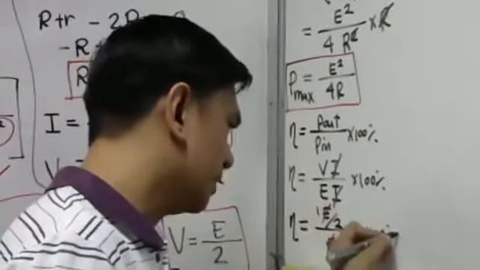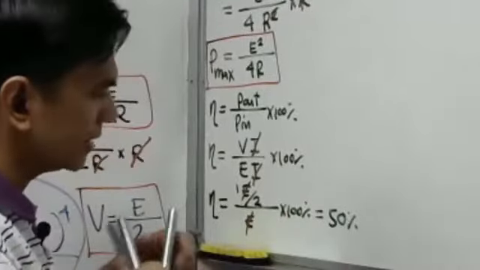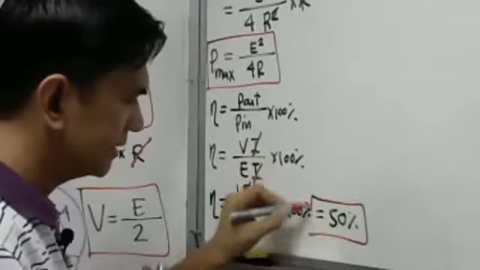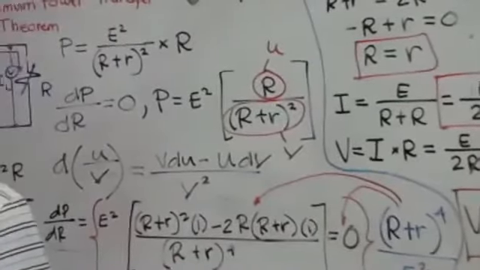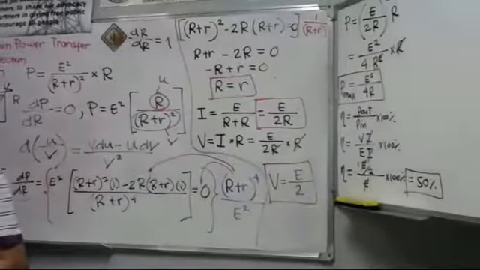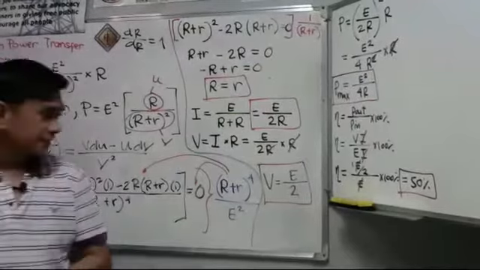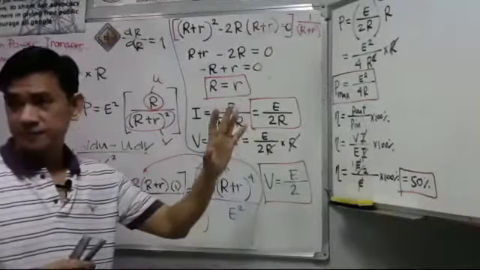So that will be our answer. At maximum power transfer, the efficiency is 50%. So please take note of these ideas. It's very important. These are very important ideas that we have to consider for maximum power transfer.